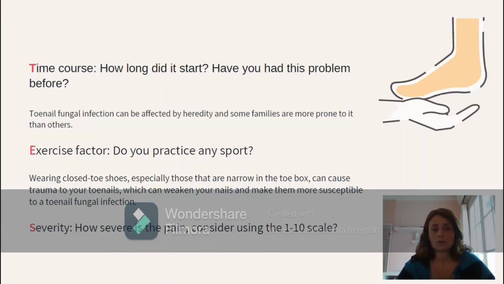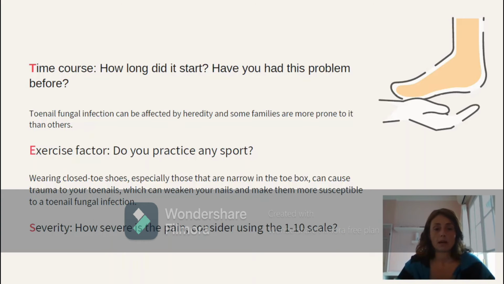Exercise factors. Do you practice a sport? If you practice sport like swimming or running, you have more probability of an infection in your nails. So you need to dry well between the toes. Try to maintain correct hygiene on your feet.